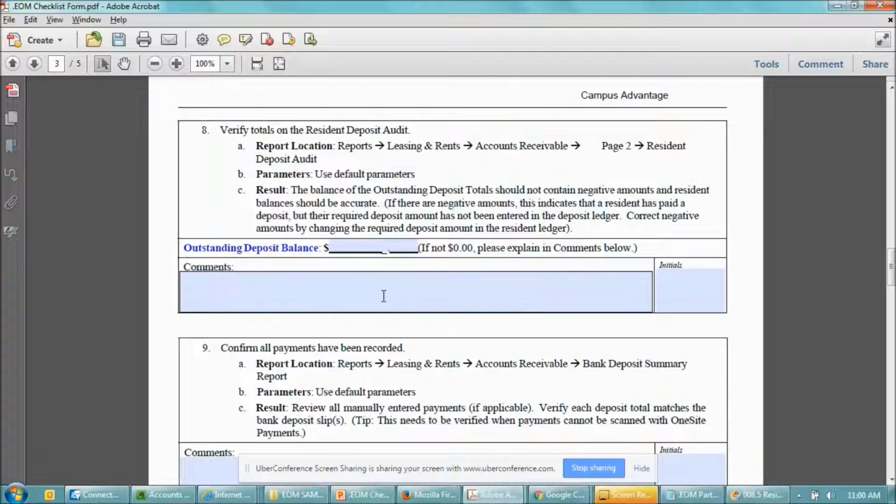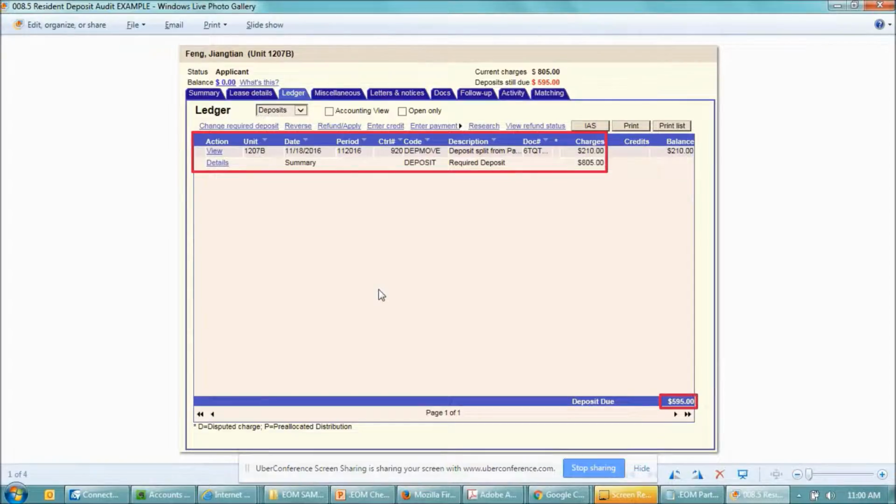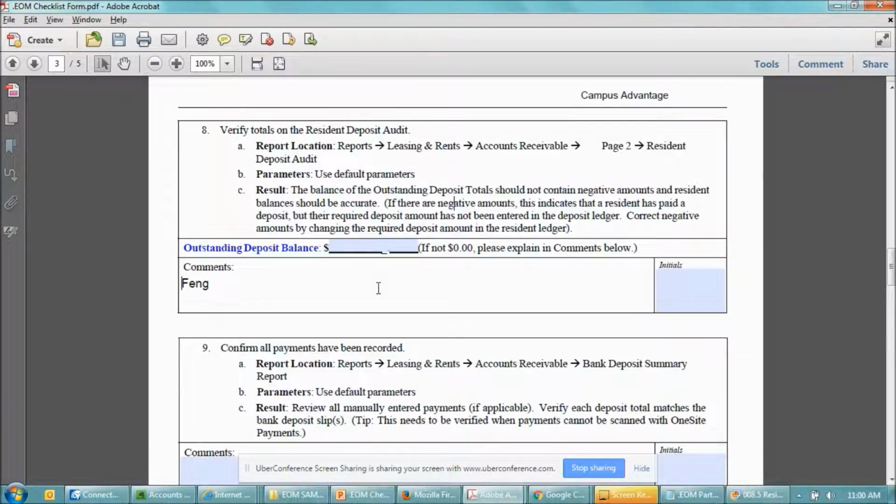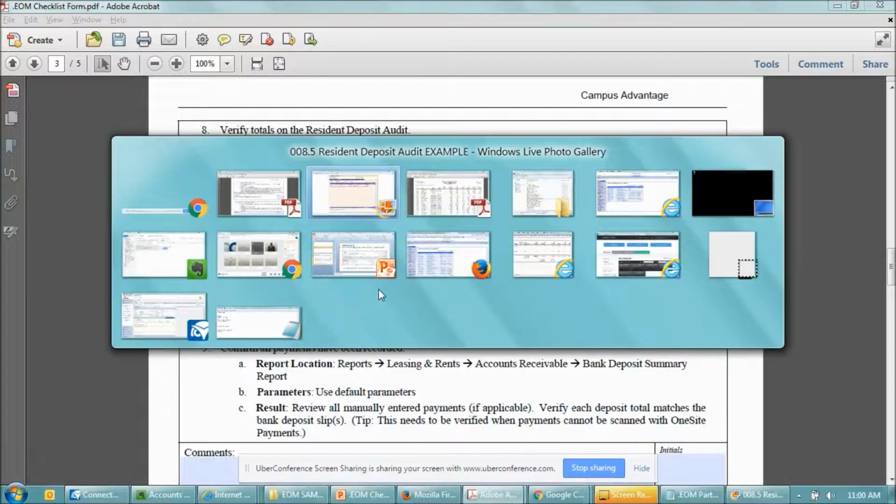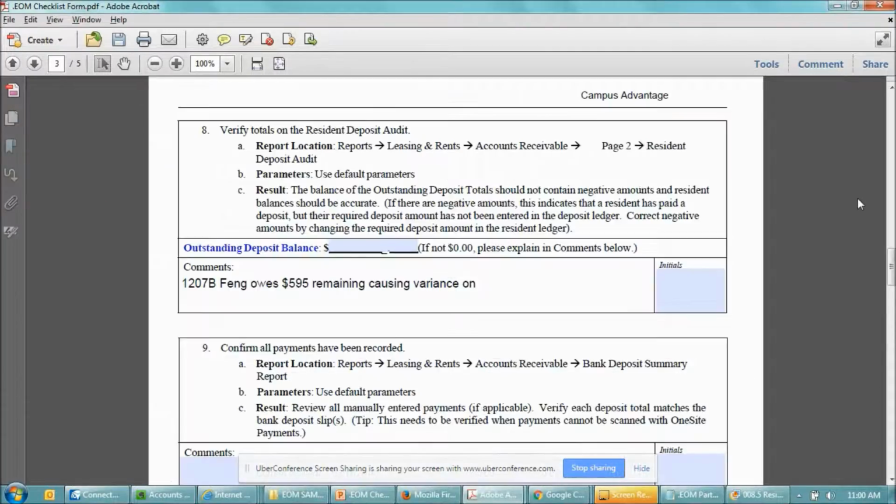On the end of month report, I would put Fang 1207B, Fang 1207B owes $595 remaining, causing variance on, I forget the name of that column, the outstanding deposit column. Will collect next month.